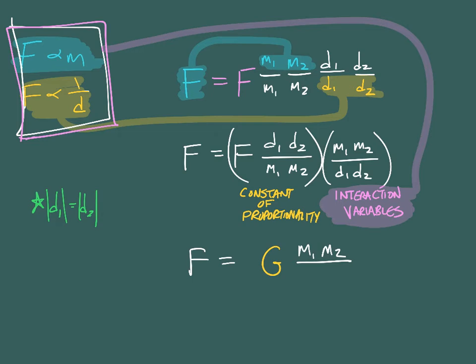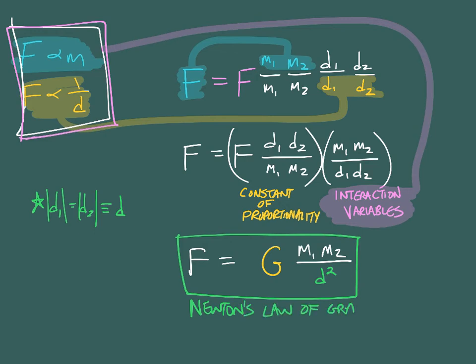So we can just define that to be D. And so we have a D times a D, so we have a D squared here. This is the classical form for Newton's law of gravity.